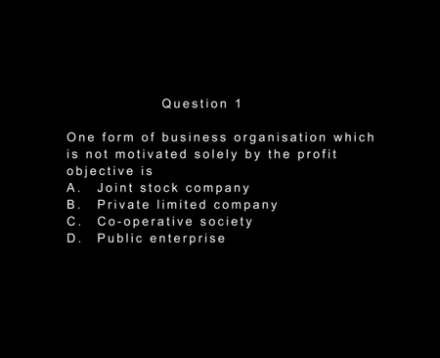Exercises. Question 1. One form of business organization which is not motivated by the profit objective is the dash. A. Joint stock company. B. Private limited company. C. Cooperative society. D. Public enterprise. The right answer is public enterprise.